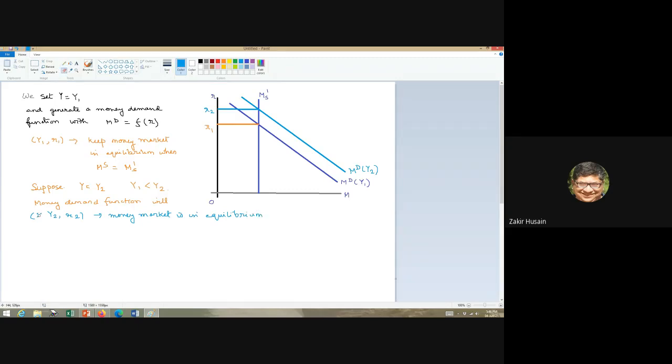In this way, we can derive different combinations of y and r which will keep the money market in equilibrium.